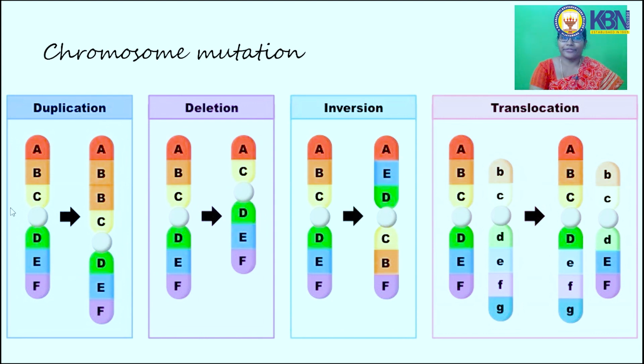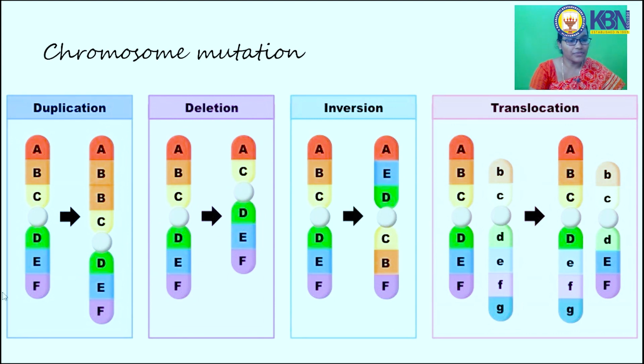Let us start from the first one, duplication. Sometimes fragments or genes of a chromosome appear more than once in the chromosome because of some mutation. We call that duplication.